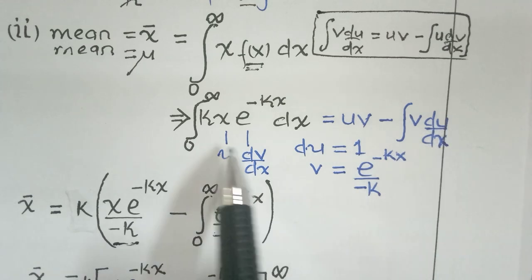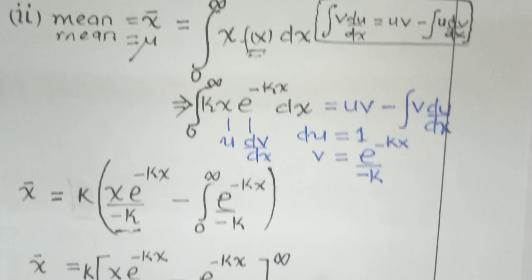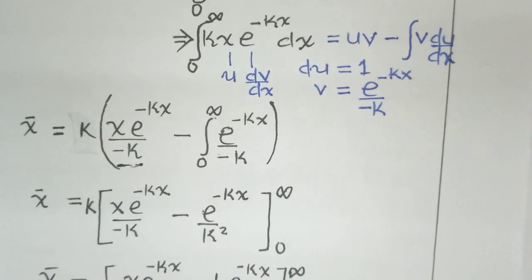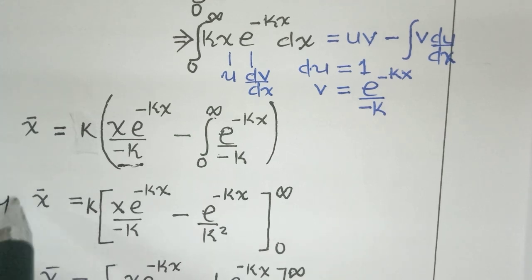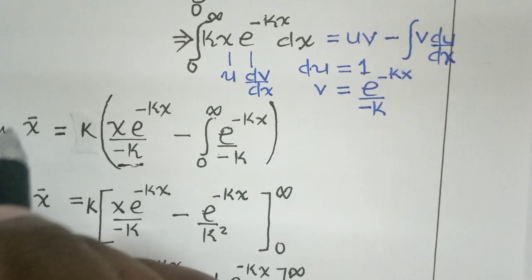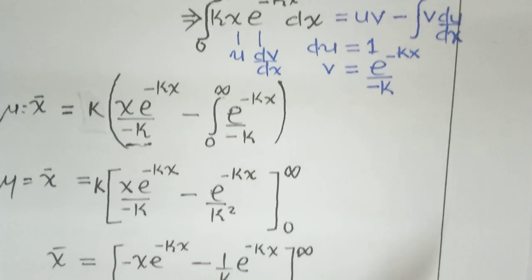For du dx, it is actually 1, so that one is not there. We continue on from there. This one I had written in the form of mu. It can be mu, or it can be x bar. That is the mean.